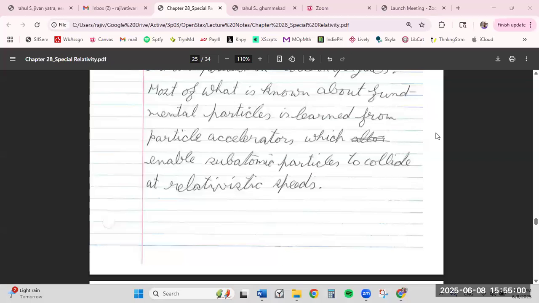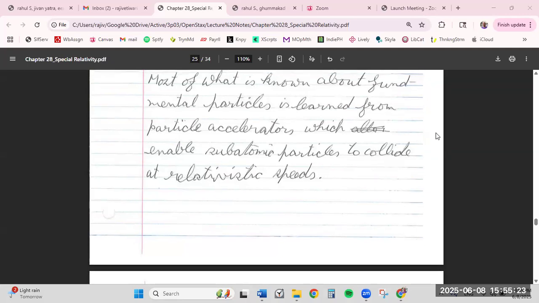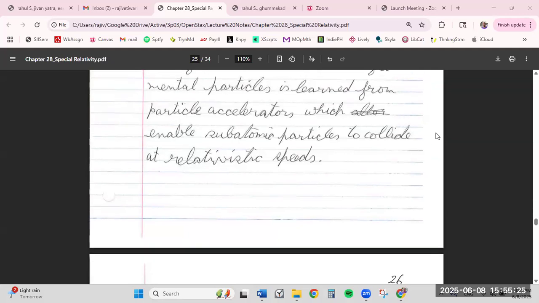In many cases, these tiny particles smash and give rise to other particles, and other such events happen. So what happens when beams of particles collide with each other in a particle accelerator gives us important insight into the nature of particles, the nature of atomic physics.